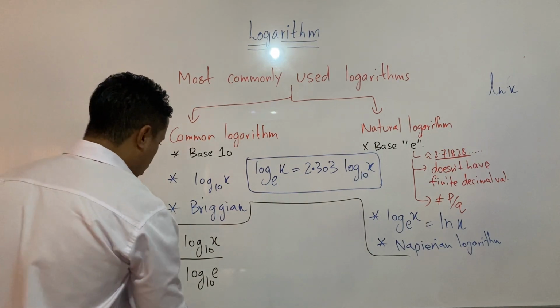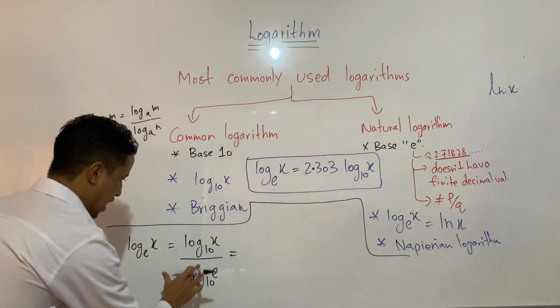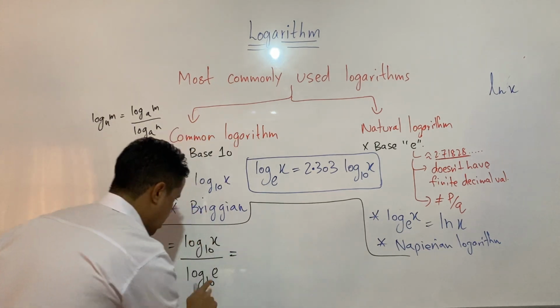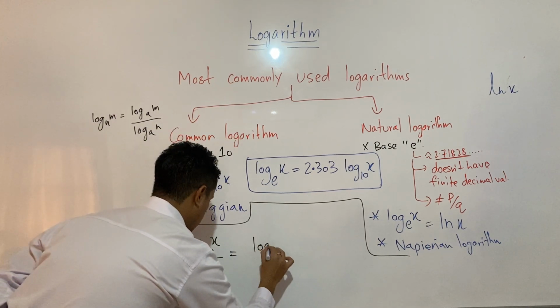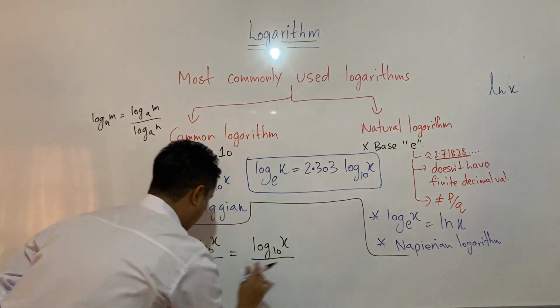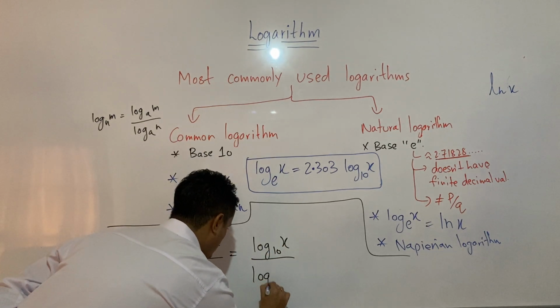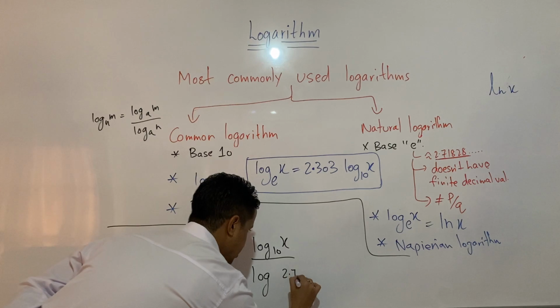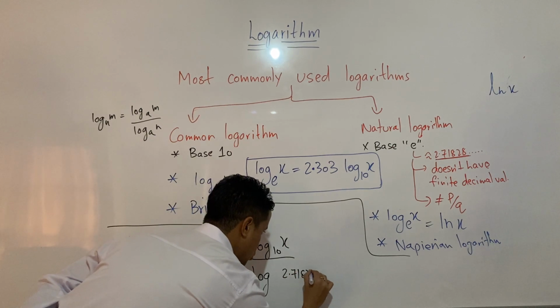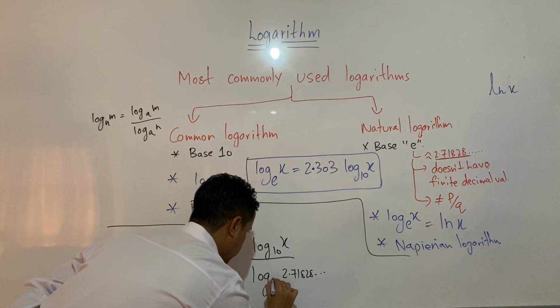Okay, now this thing is log of x to the base 10 by, this thing is log of 2.71828, and so on, to the base 10.